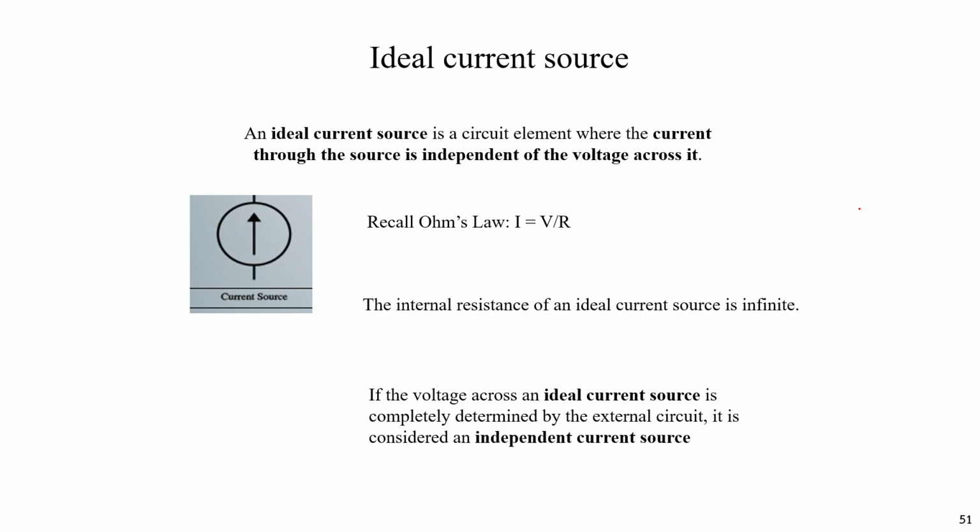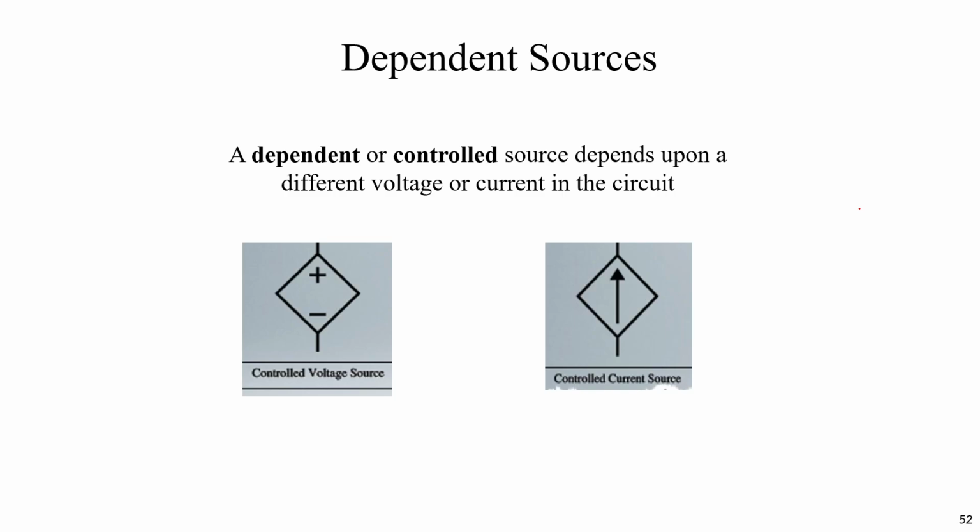Also for the current source, as well, we analyze that as a constant current source. It's the ideal current source. And this is a control voltage source, control current source.